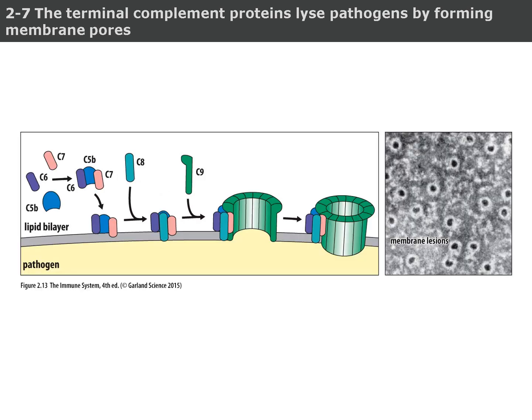Complement protein 5, once activated, produces a fragment that initiates the formation of a membrane attack complex. Complement protein 6 binds to and stabilizes this fragment. Complement protein 7 then attaches and exposes a part of itself that allows it to insert into the membrane of the pathogen. Complement protein 8 joins the complex and begins forming a pore in the membrane.